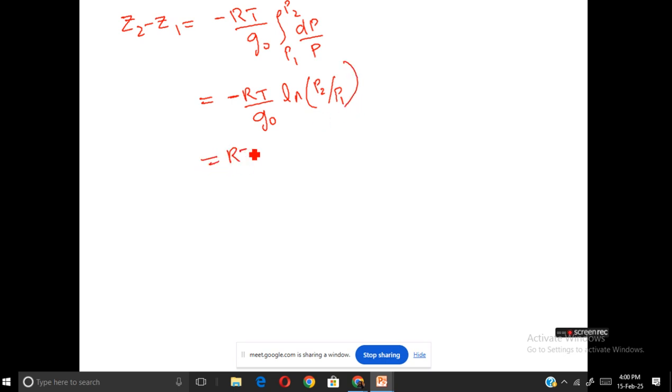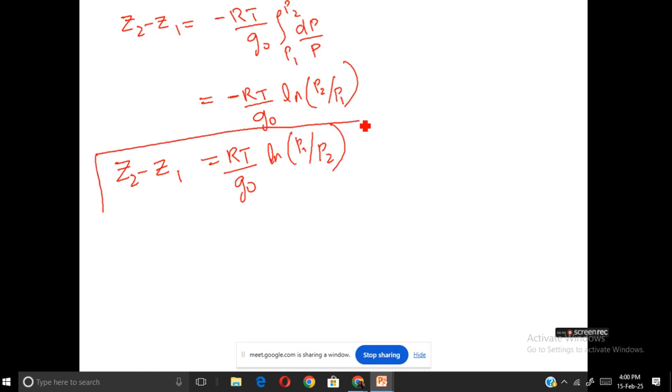If you want to get rid of the negative sign, it will become RT by g0 into log P1 by P2. The geopotential thickness Z2 minus Z1 is given by RT by g0 log P1 by P2. This is known as the hypsometric equation.